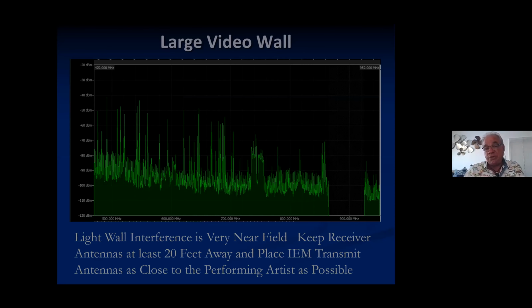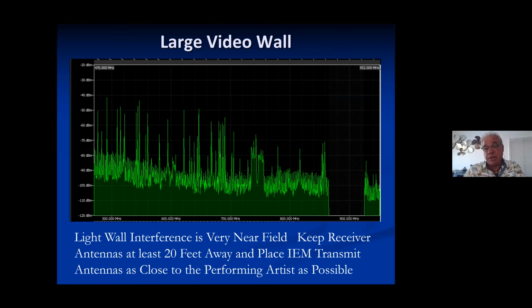Lights, incidentally, this is from Tim Vear at Shure, by the way. It's a very near field energy. So when you're dealing with wireless microphones and there's a big lighting wall, keep your wireless microphone antennas at least 20 feet away from those light walls. Keep your receiver antennas 20 feet away or more and up as high as possible if you're indoors.